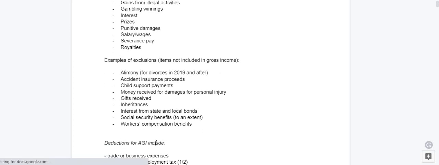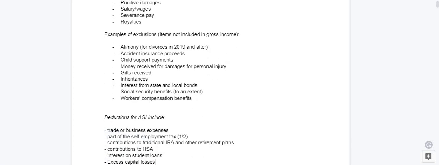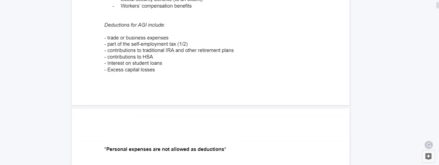Next up, we have deductions for AGI. These are deductions which are items you can use to reduce your taxable income and how much taxes you owe, that more specifically serve to reduce your adjusted gross income, which when it comes to taxes is actually much more important than your gross income.